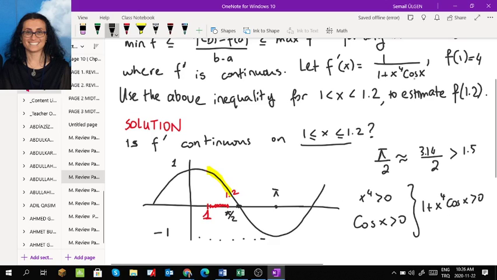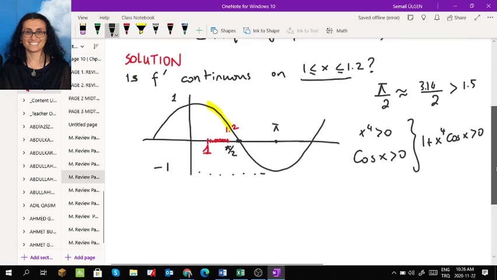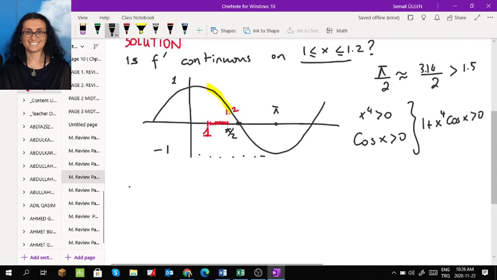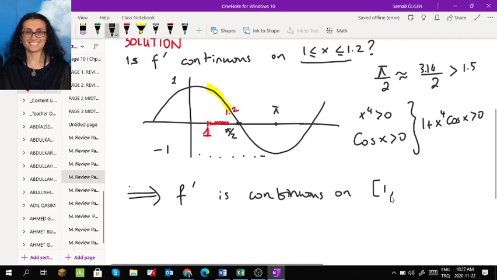So the denominator is never 0. Therefore it's continuous. This implies f prime is continuous on 1 to 1.2. So we can apply the given inequality.